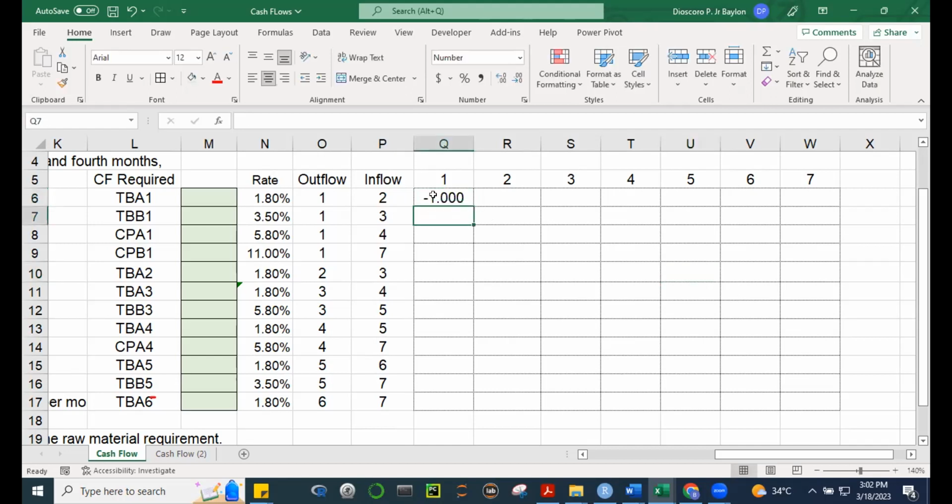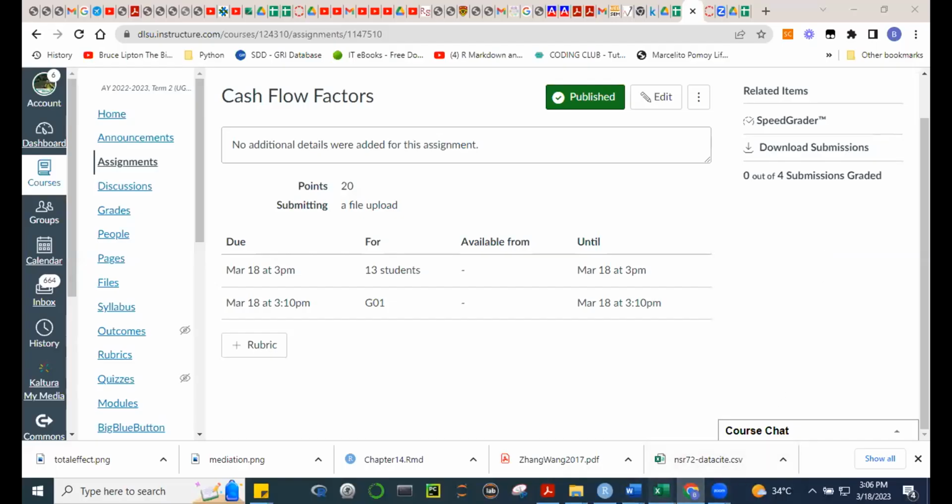Okay, correct. If it's an outflow, then it should be -1, right? So what do you pair? Okay, can you open the canvas? Wait a moment, ha. All right. Let me pause recording.